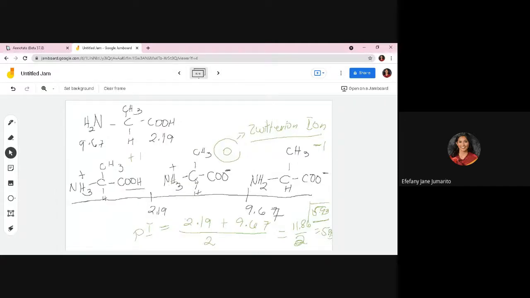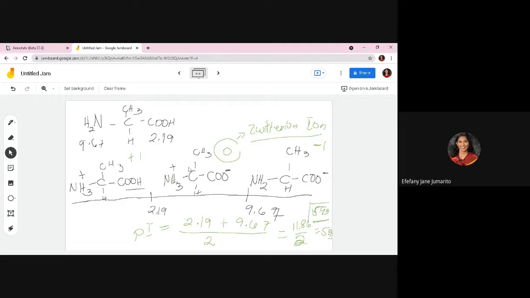Because we make this one class because of the acid-base property of your amino acid. So your amino acid has different species in different conditions, in different pH. If we have a low pH or acidic, your amino acid has a different structure, like this one, where your amino group is protonated.